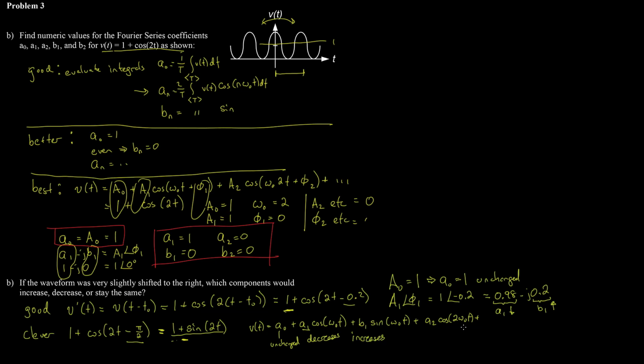And your a sub 2 terms and your b sub 2 terms, there never was them before. They're still not there. So your a sub 2 and b sub 2 terms stay unchanged. So that's your answer. A sub naught unchanged, a sub 1 decreases, b sub 1 increases, a sub 2 and b sub 2 are both unchanged.